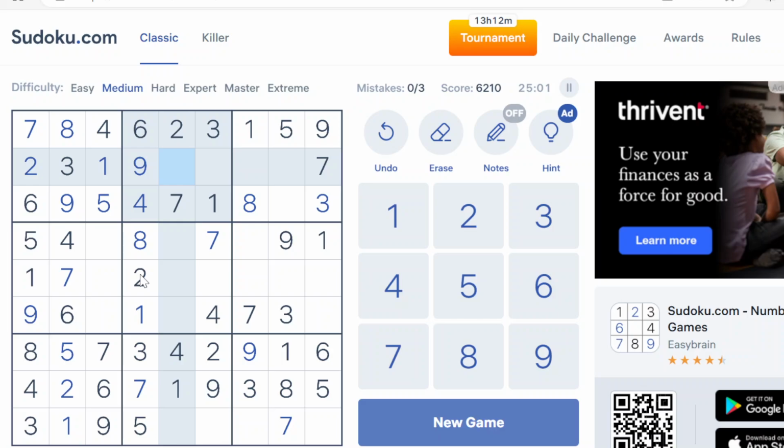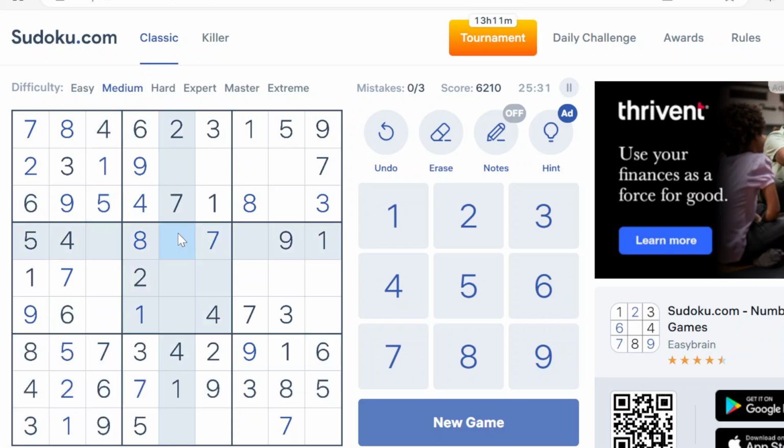Yeah, not gonna lie, I'm kind of stuck. So let's see. Maybe we can look at this row. So we need a 2, 3, and a 6. This one can either be 2 or 3 because there's already a 6 in this column.